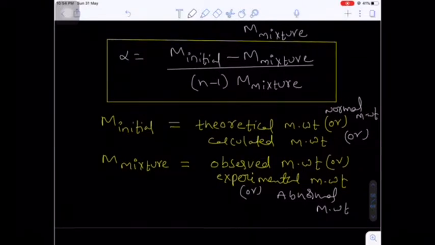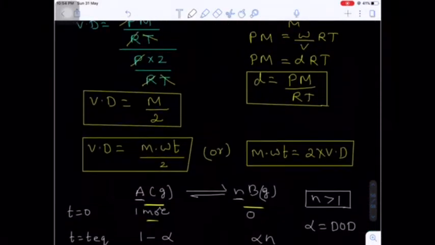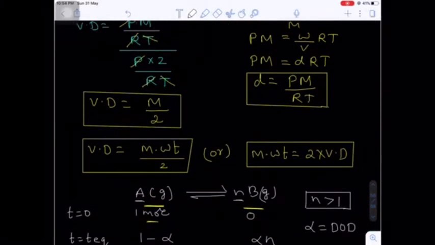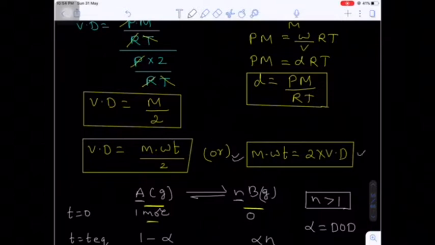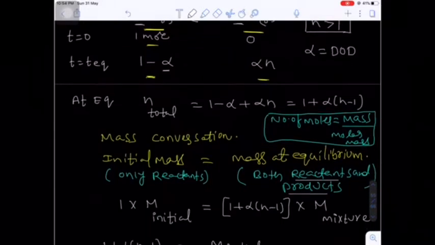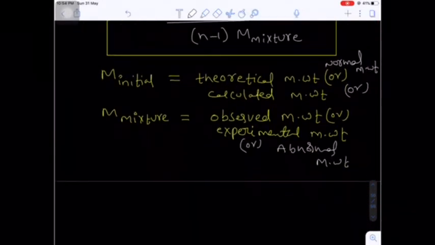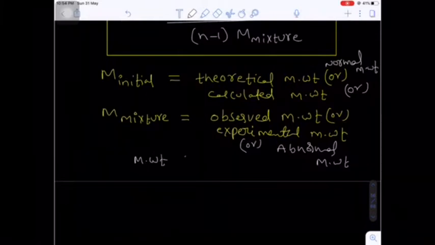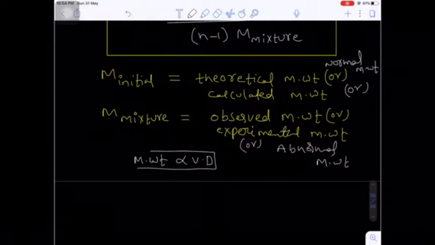Now here, do you know molecular weight is equal to 2 into vapor density? In the above expression I derived the relation between the molar mass versus vapor density. Instead of molecular weight, shall I write the vapor density? Molecular weight is directly proportional to vapor density. Yes.